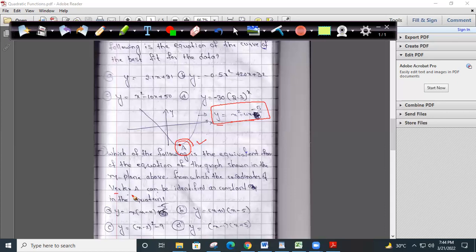I'm giving exactly 1 minute. Please be fast. Which of the following is the equivalent of the equation, meaning where I can get the coordinates of A as constants?